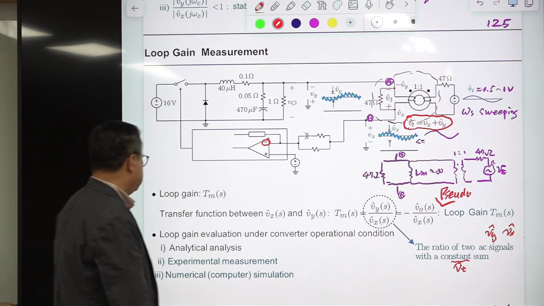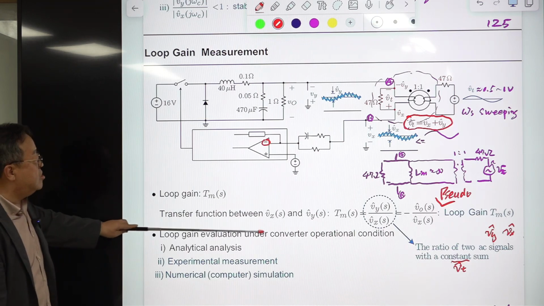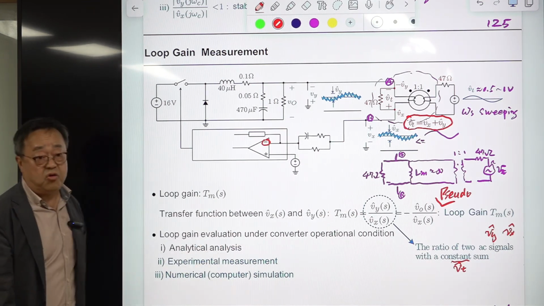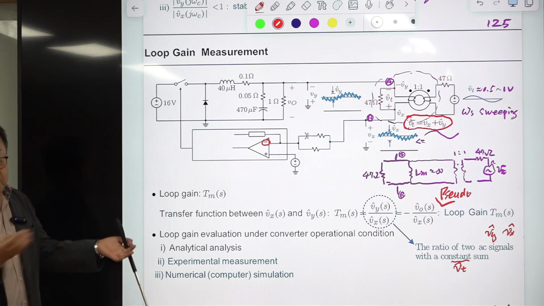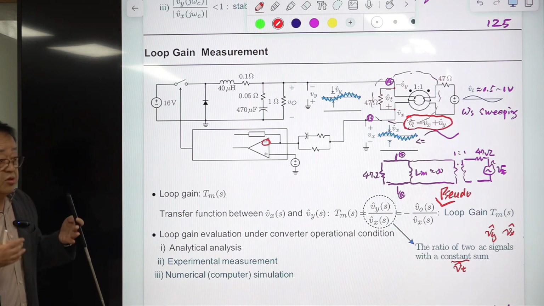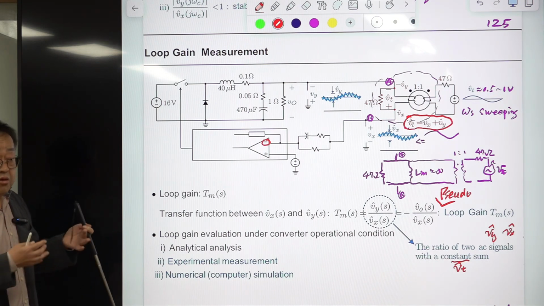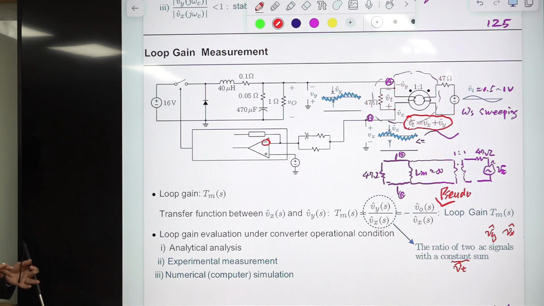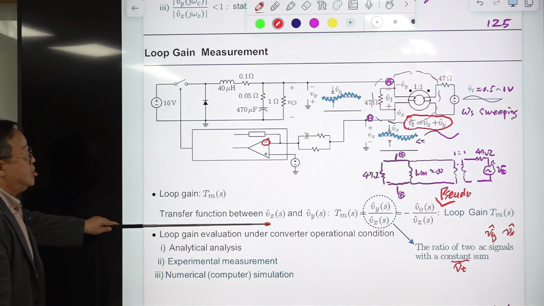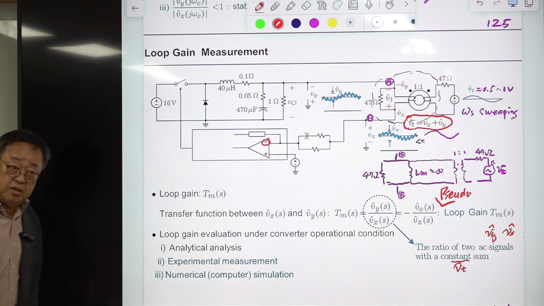The transfer function between this, we are using TMS, and we call it the loop gain, and we don't distinguish between true loop gain and pseudo loop gain anymore, because the theoretical background is very different but the numerical value under some conditions is very similar. So this is the experimental measurement of this.